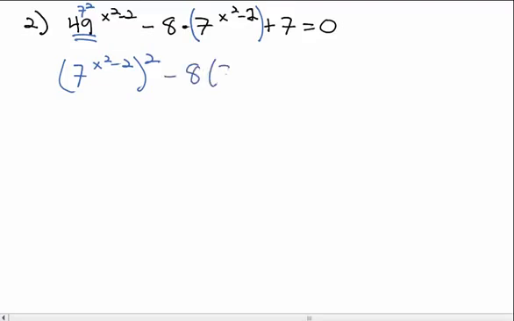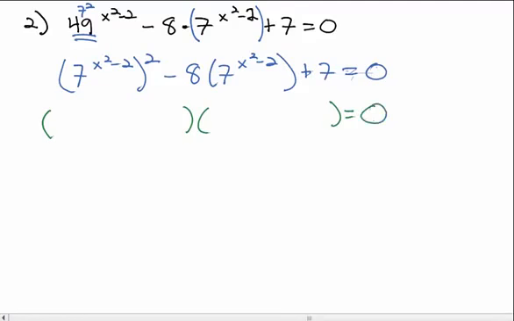Minus 8 times 7 to the x squared minus 2 plus 7 equals 0. And then we can factor. We have 7 to the x squared minus 2 times 7 to the x squared minus 2. And the 7 is 7 times 1, and they're both negative.